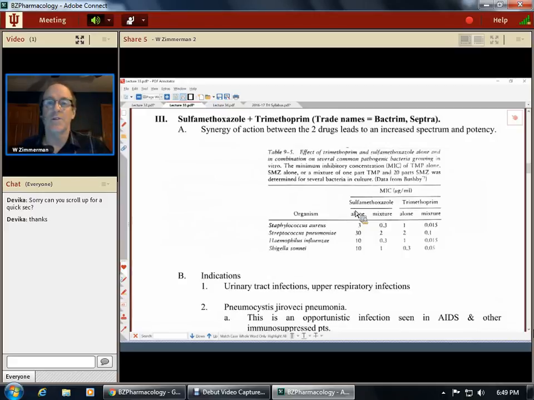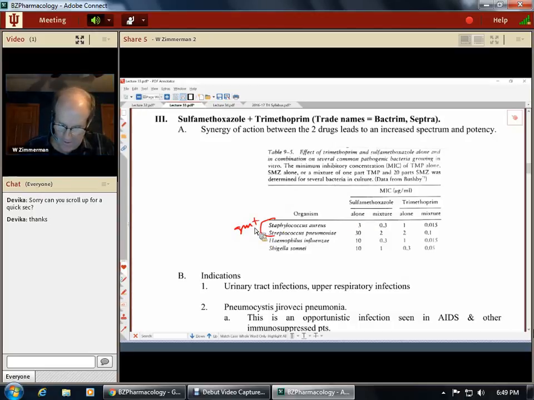So, as I mentioned, these two drugs are almost always put together. There's some rare instances where I've seen trimethoprim alone, but synergy of action between these two drugs is why we put them together. And we look at this table here. Staph and strep, of course, are gram-positive.